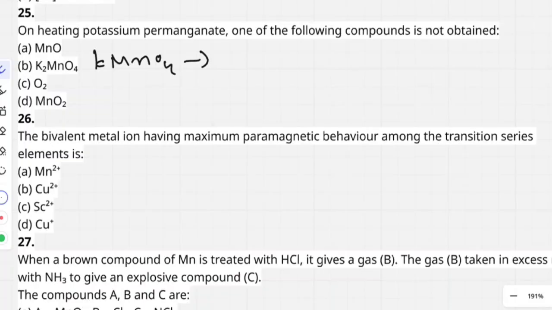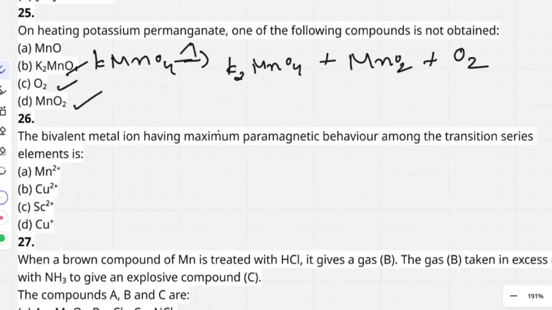First we have to write the chemical reaction, then we decide. KMnO4 on heating gives K2MnO4 plus MnO2 plus oxygen. On heating potassium permanganate, one of the following is not obtained. Option A, MnO, is not obtained. So option A is correct.